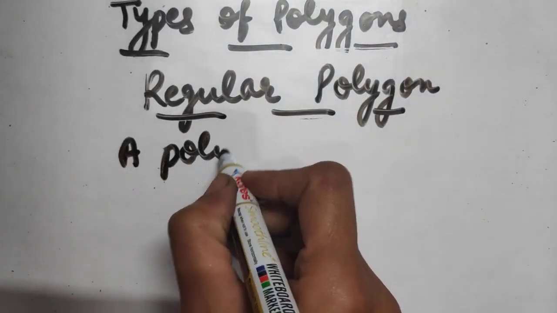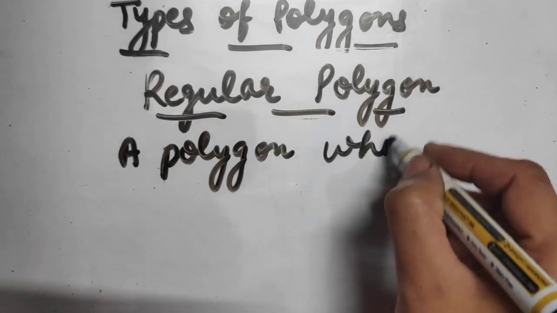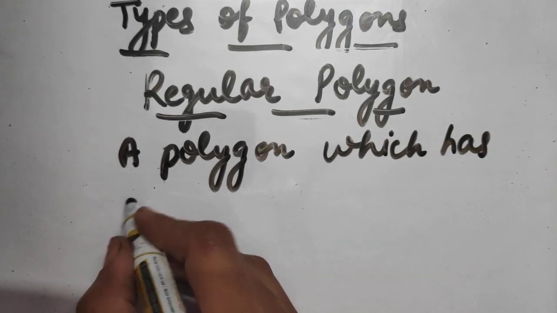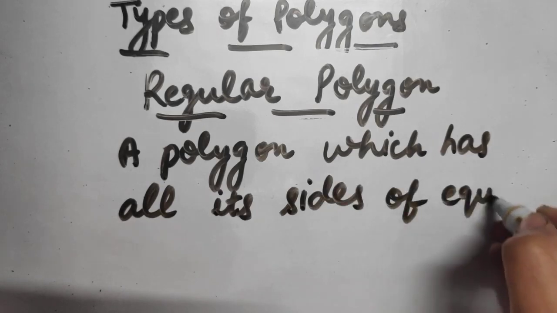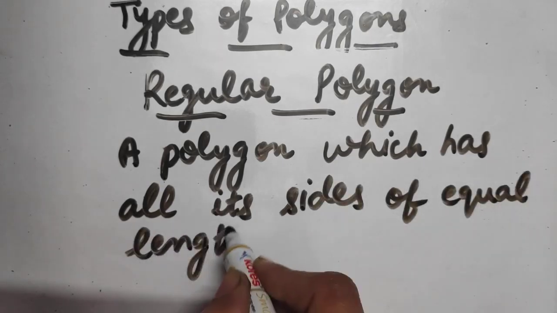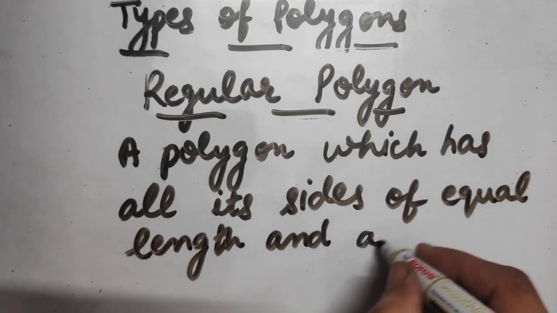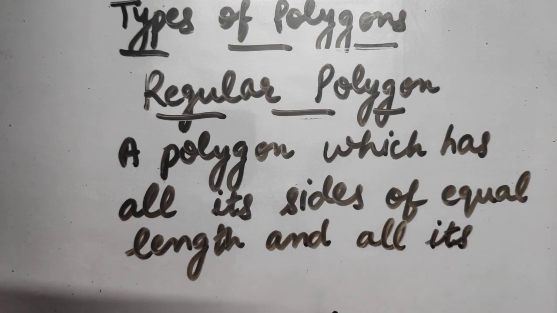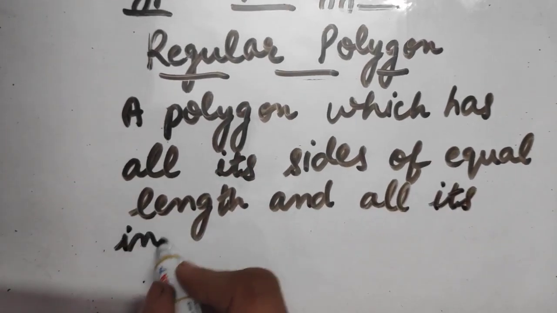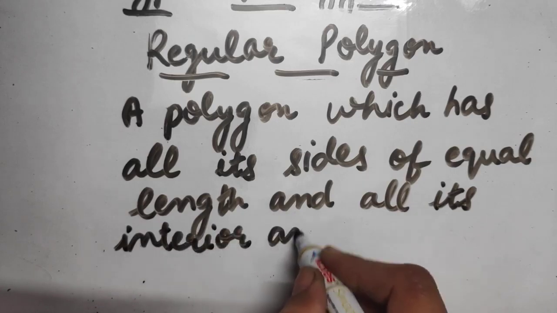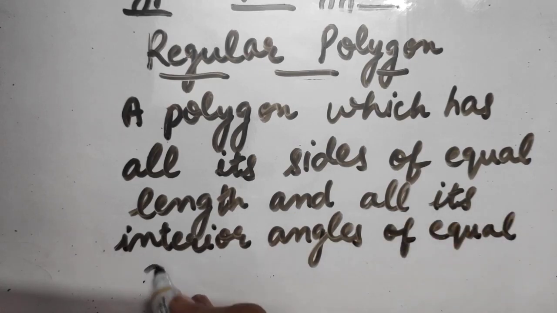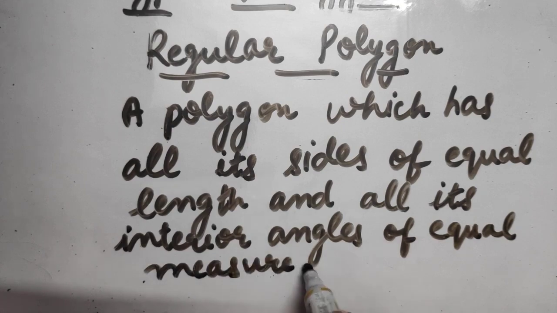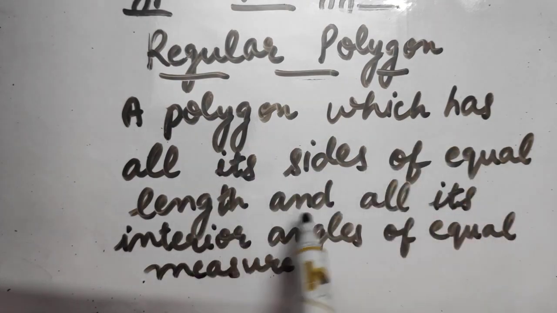A polygon which has all its sides of equal length and all its interior angles of equal measure is called a regular polygon.